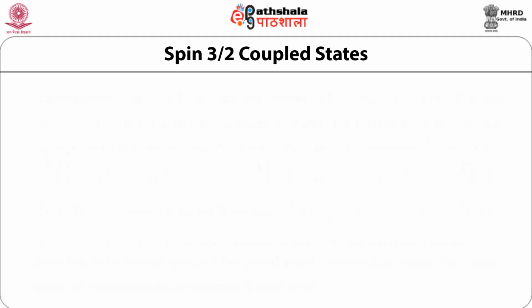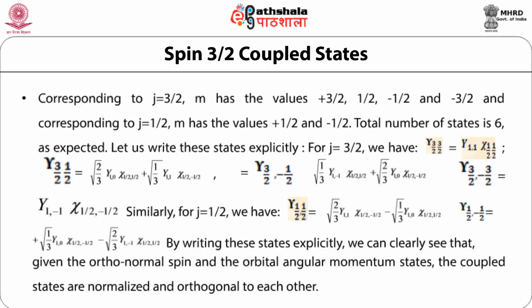Now corresponding to the total angular momentum J equal to 3 by 2, M can take the values 2J plus 1. That is, if J is equal to 3 by 2, then the total values that M can take are 4, corresponding to M equal to plus 3 by 2, half, minus half, and minus 3 by 2, since the values of M, that is the magnetic angular momentum, lie between plus J and minus J.